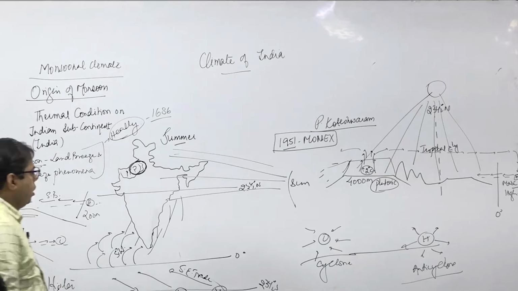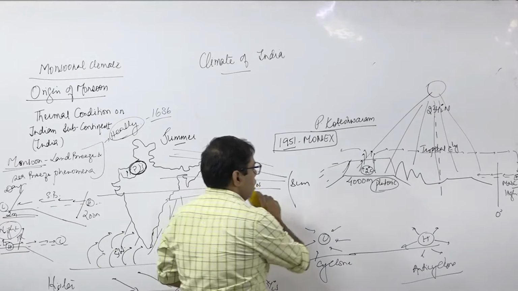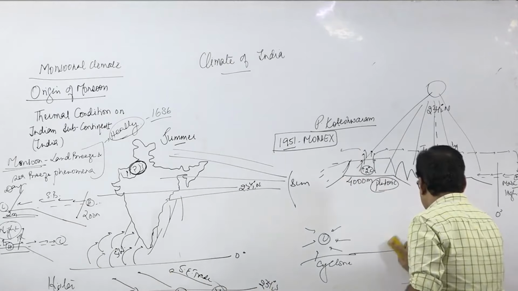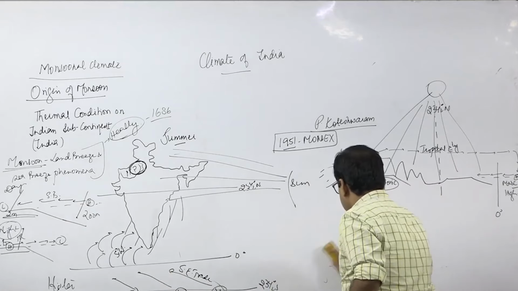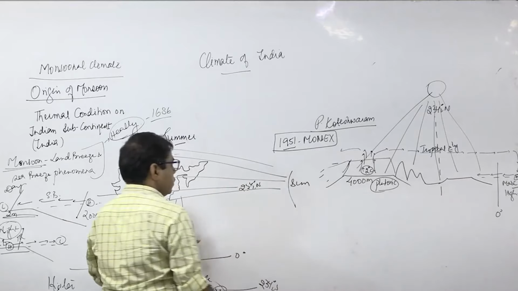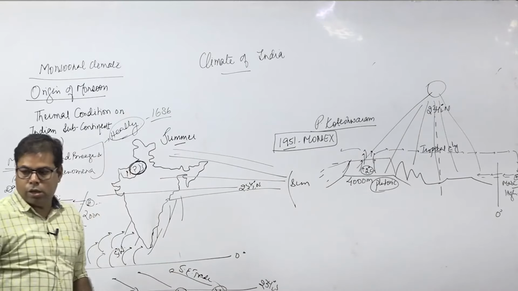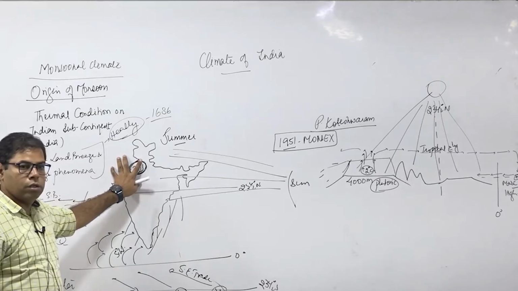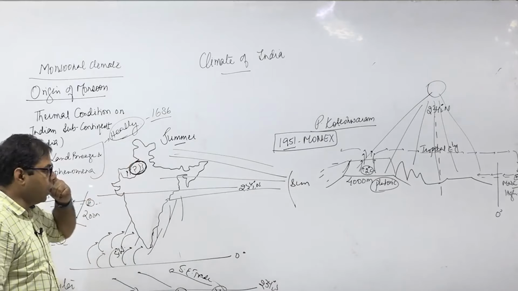So, the factors that influence the monsoon of India: there is the thermal effect, the temperature on the land.